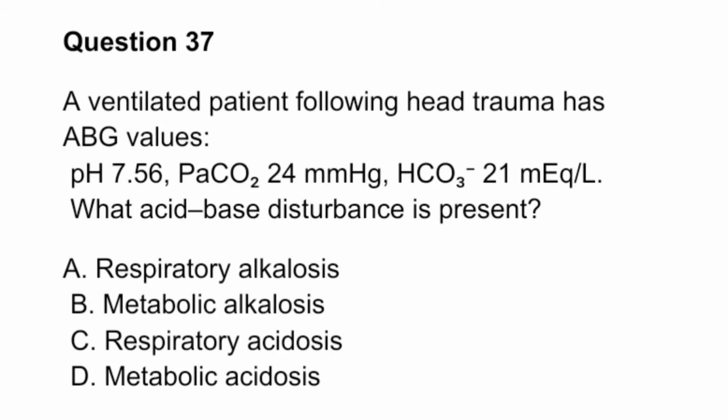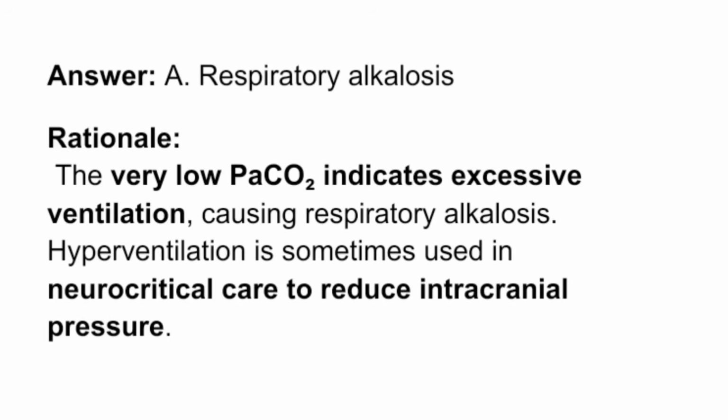C. Respiratory acidosis. D. Metabolic acidosis. Answer: A. Respiratory alkalosis. Rationale: the very low PaCO2 indicates excessive ventilation, causing respiratory alkalosis. Hyperventilation is sometimes used in neurocritical care to reduce intracranial pressure.